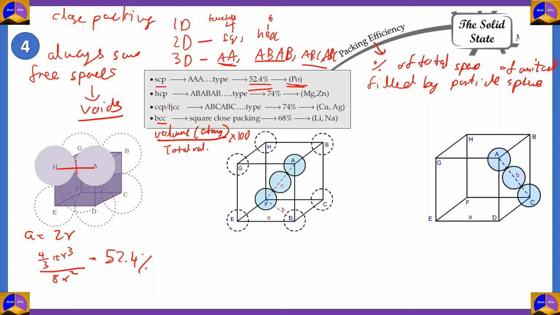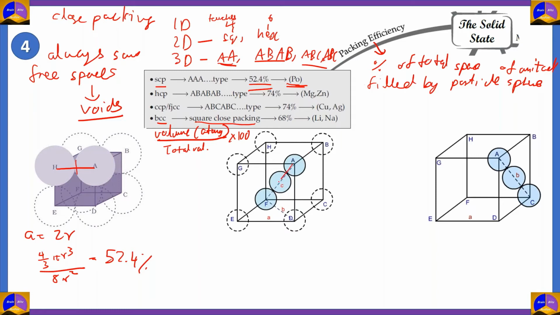Now let's look at BCC, which is body-centered cubic. Again, this kind of uses square close packing. In a BCC, we know that there are atoms at the corners, but there's also an atom at the center. And all of the atoms at the corners touch the atom at the center.